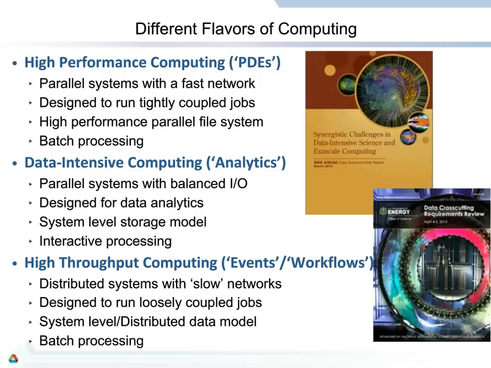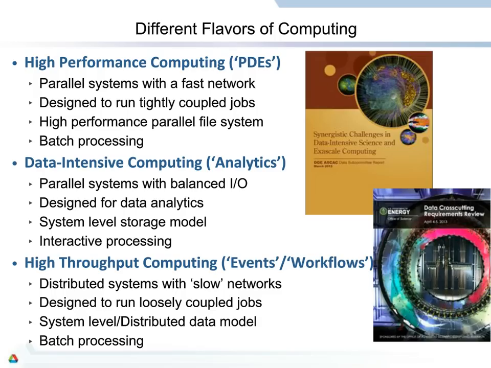And now I think I already introduced the different flavors of computing, but I think it's important for people to just keep three different flavors in mind. So the first of them is traditional high-performance computing, where you basically solve partial differential equations or you run n-body codes like the one I'll be talking about. These systems are by now all parallel systems with an extremely fast network, or supposedly extremely fast network.